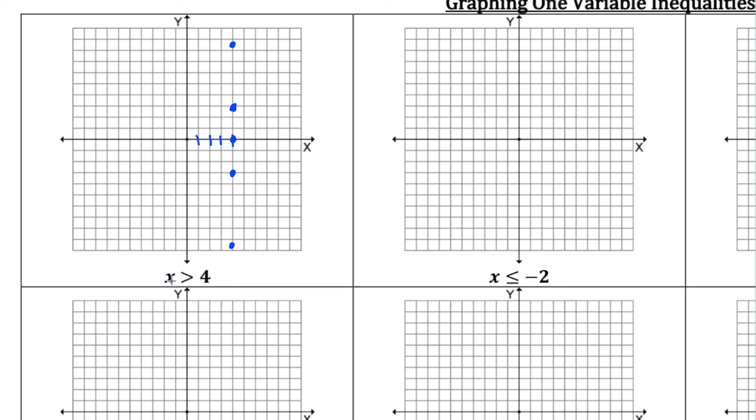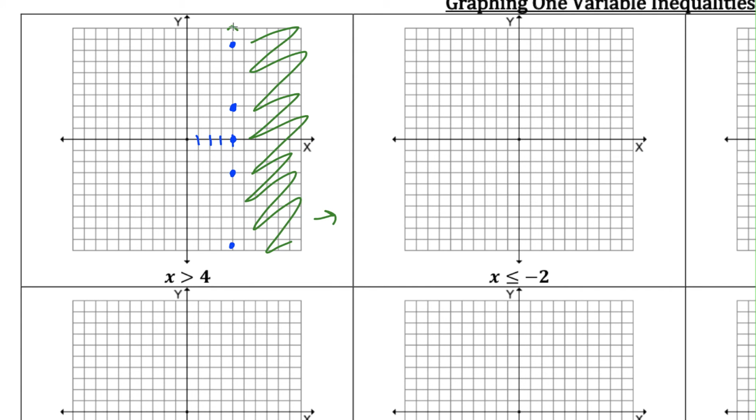But we want x to be larger than 4. So we want points, we want x, y's where x is larger. So we want points over here, and going on this way, of course. The thing is, x has to be larger than 4, so these points don't work because this is where x is 4.